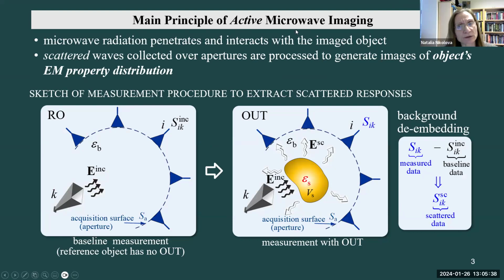You should be aware that there is also passive microwave imaging. I'm not going to talk about it here. In active microwave imaging, we intentionally generate microwaves, and the hope is that this radiation will penetrate and interact with the interior of the imaged object, thereby generating scattering.